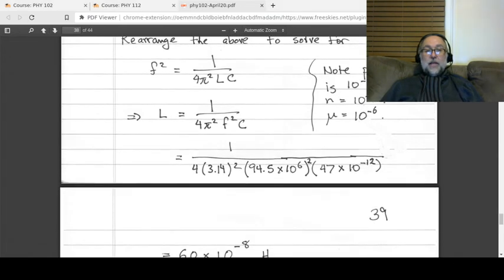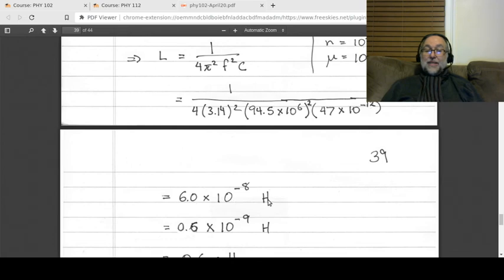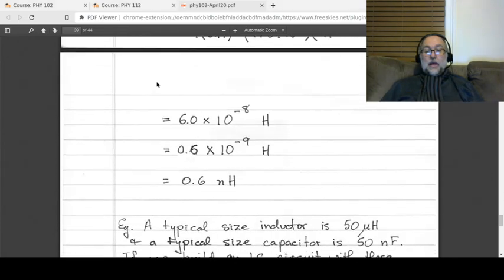And so substituting in the numbers in MKS, there's 4 pi squared, 3.14 squared. F, the frequency, is 94.5 mega, and mega is 10 to the 6, squared. Okay, and the capacitor is 47 pico, is 10 to the minus 12. So if you work this out, this works out to 6 times 10 to the minus 8 henries, or if you want to convert it to nanohenries, just move the decimal over one to the left, and that's going to make minus 8 minus 9 there.